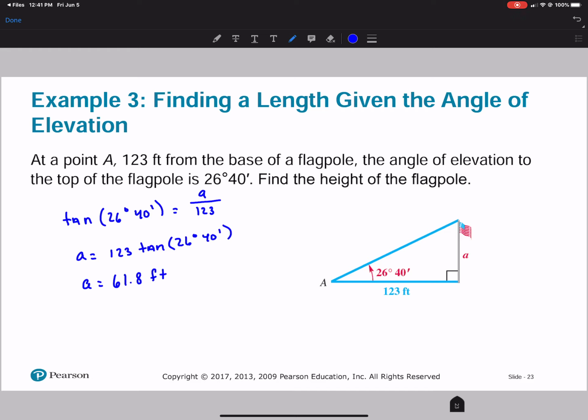I use 61.8 because it's 3 significant digits, and we have 3 significant digits in our lengths in feet. So keep that in mind.